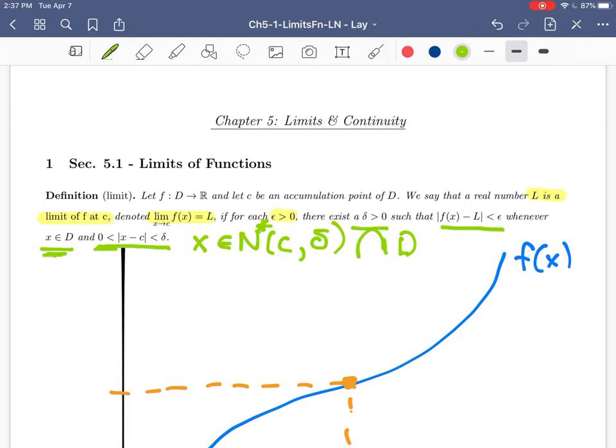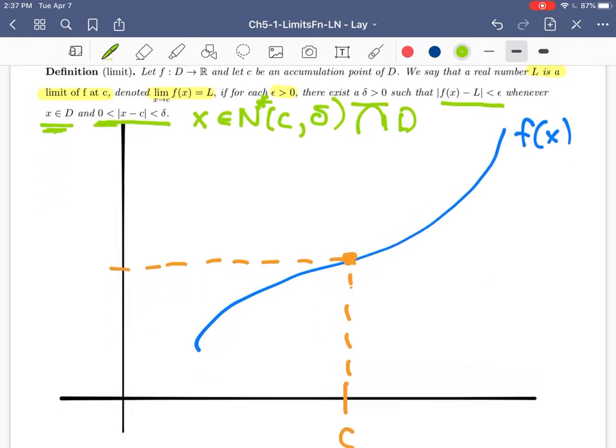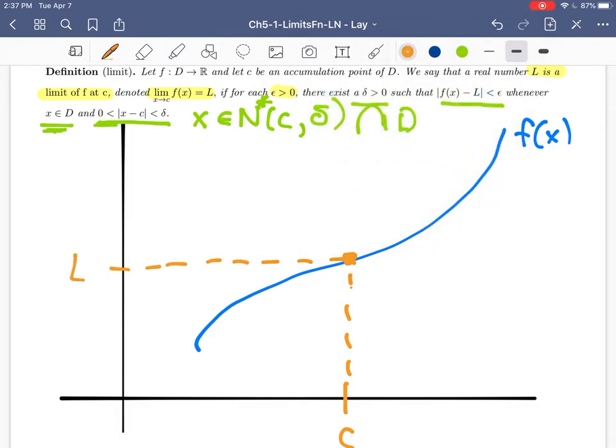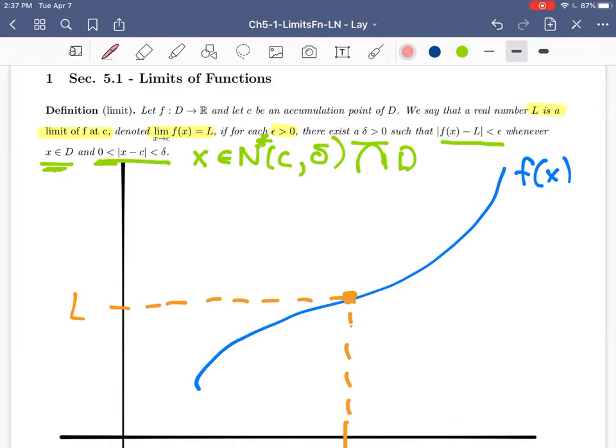Right. We can take a look at this idea. We can think about what that looks like graphically. I've started to draw a little bit of that here. If we were to say we want our function to be within epsilon units of L, what that tells us is we have this space. We want to be within epsilon units of L. So this is L plus epsilon.